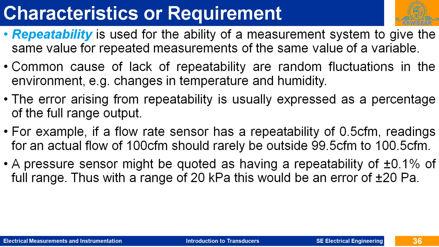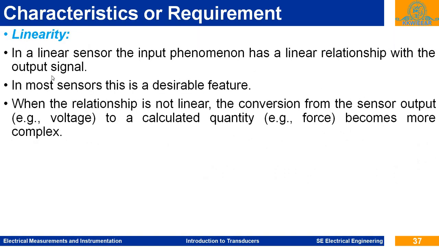Okay, so it will affect the resistance of that RTD material. So this environmental change should not affect the resistance of that RTD, and it will give the same reading, the same change in the temperature during summer and during winter. Okay, so that is called repeatability.